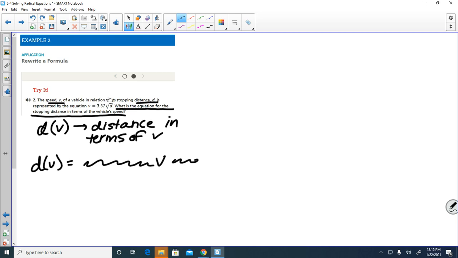So that means I need to take this formula v equals 3.57 times the square root of d and solve it for d. So I need to, first of all, isolate the square root. So if 3.57 is being multiplied by the square root, I'm going to divide both sides by 3.57.